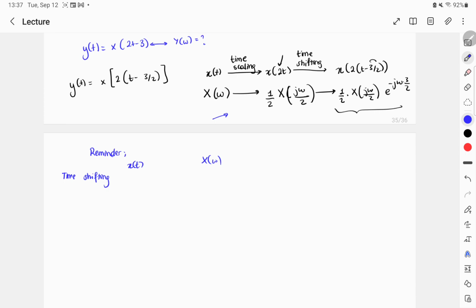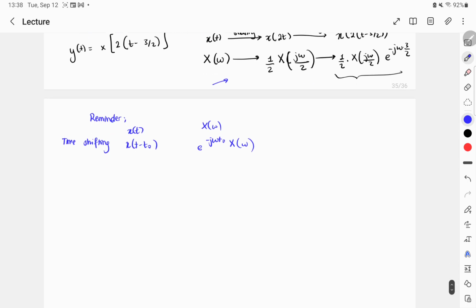If we do time shifting by x(t minus t0), then our Fourier transform will be e to the power of minus j omega t0 times the previously found Fourier transform.